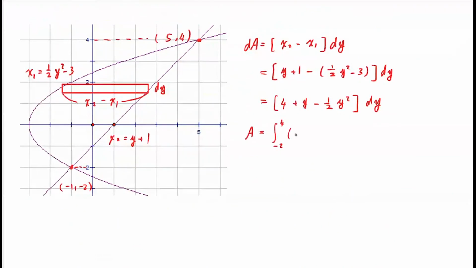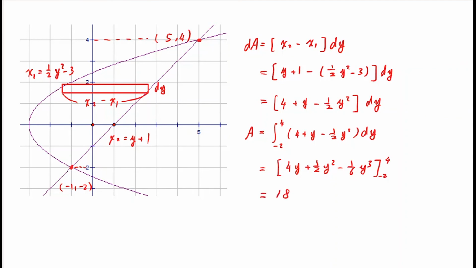Okay, then we have 4 plus y minus 1/2 y squared, and we can pretty much recycle our work. 4y plus 1/2 y squared minus 1/6 y cubed from -2 to 4, and that magically gives us 18. How about that? You get it?